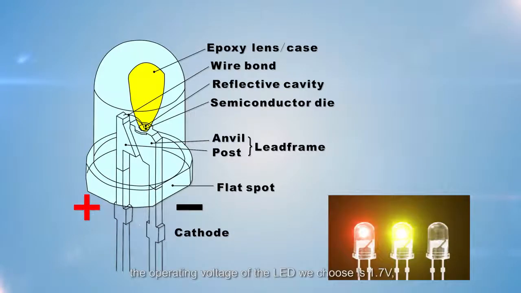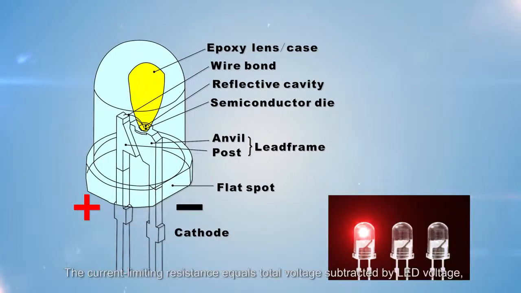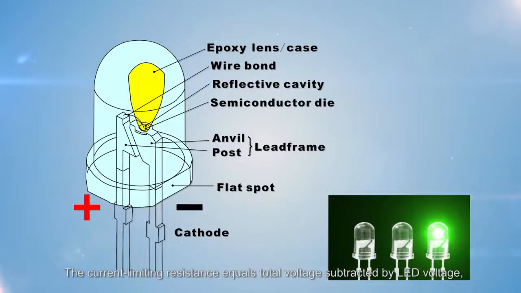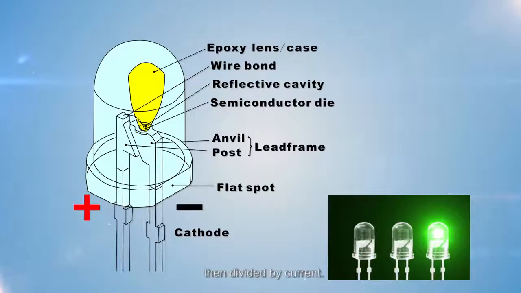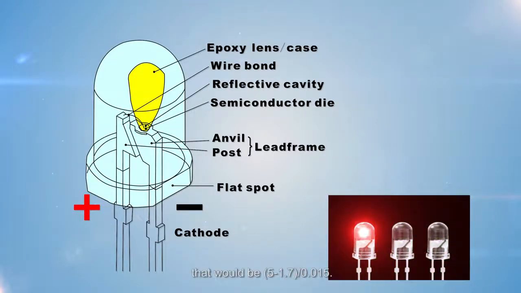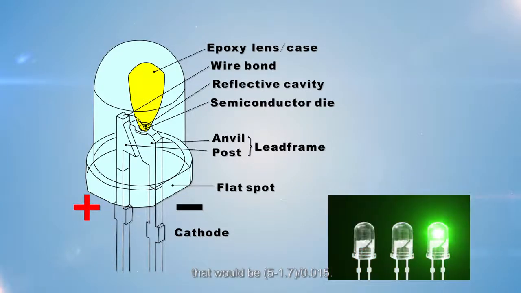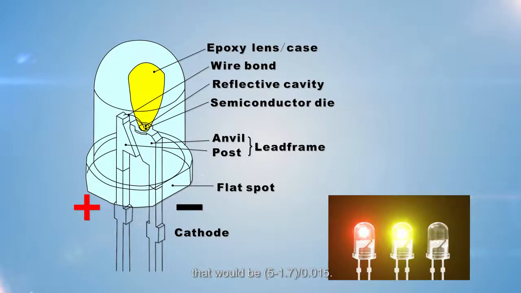The operating voltage of the LED we choose is 1.7 volts, and its operating current is 15 milliamperes. The current limiting resistance equals total voltage subtracted by LED voltage, then divided by current. In this case, that will be 5 minus 1.7 divided by 0.015. Thus, the current limiting resistance equals 220 ohms.